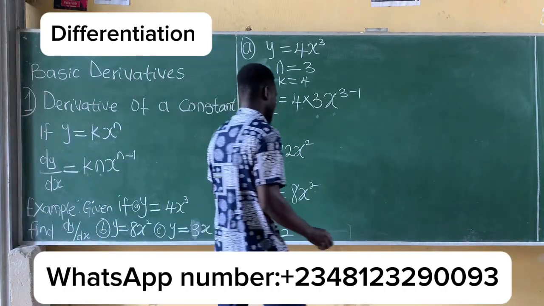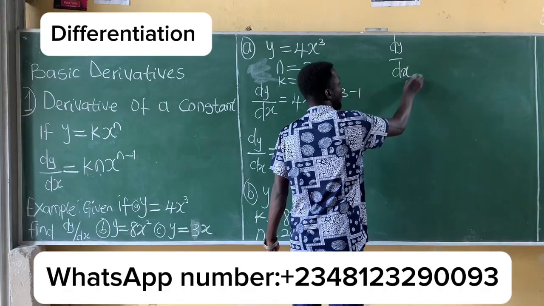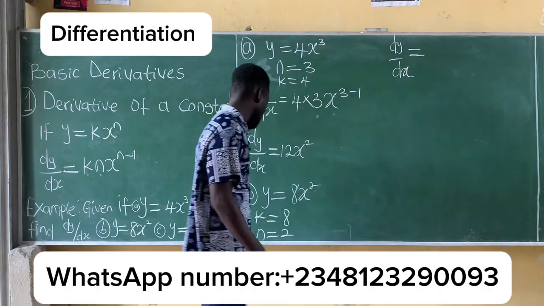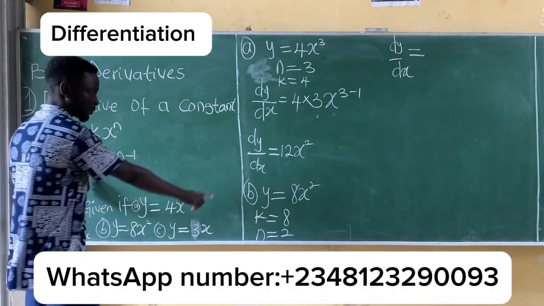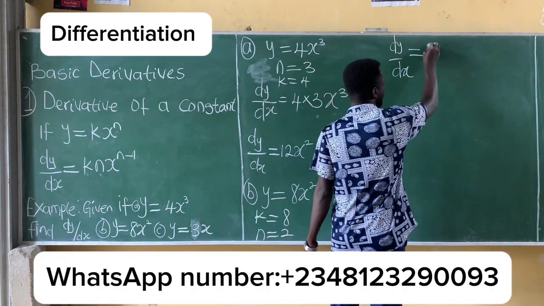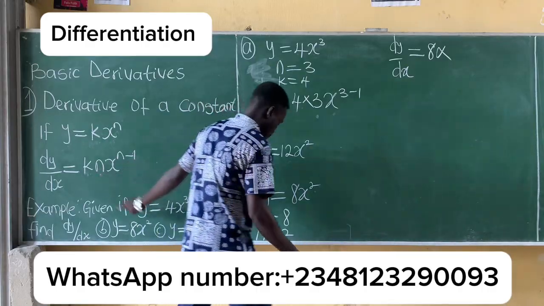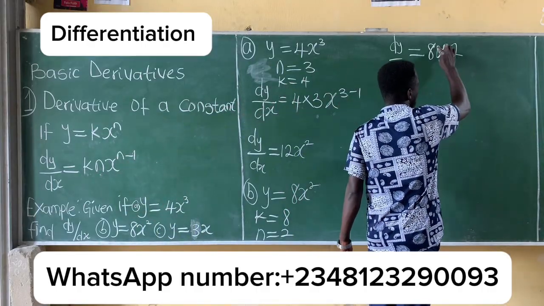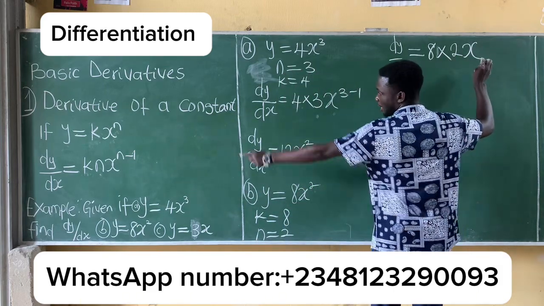So let's get dy/dx. From here it becomes k times n, right? What is our k? 8. So this becomes 8 multiplied by n. Our n here is 2, so it becomes 8 times 2, then x to the power of n minus 1.